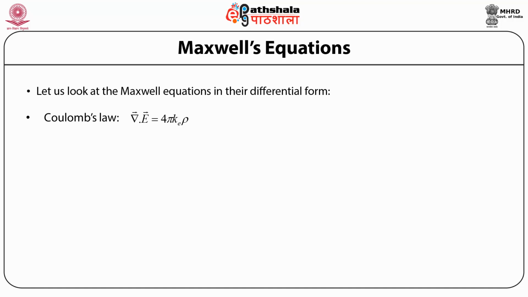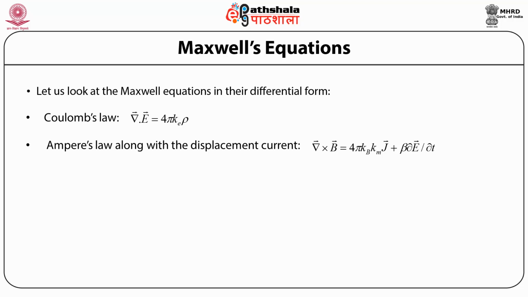The second equation is Ampere's law. Along with the displacement current term introduced by Maxwell, it reads as del cross B vector is equal to 4 pi Kb Km J vector plus beta del E vector by del t.